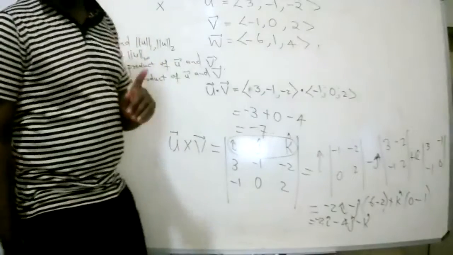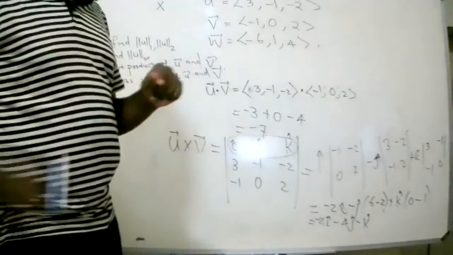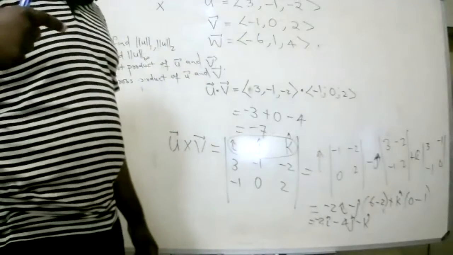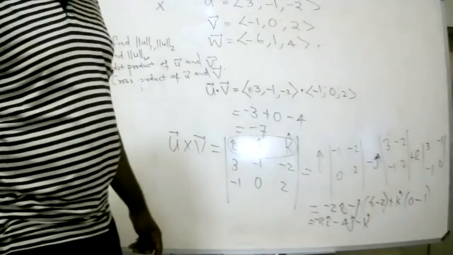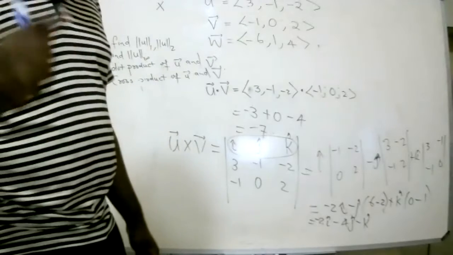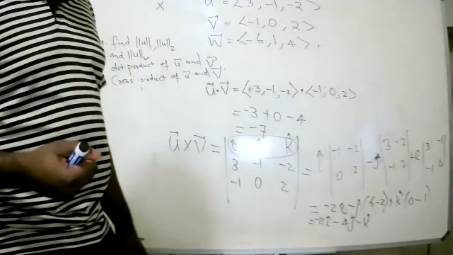So that is the explanation I've given about the cross product, because a question may say find the cross product, or it may say find the perpendicular vector to u and v. So you must realize that if we are looking for the perpendicular vector to u and v, we're going to find the cross product.